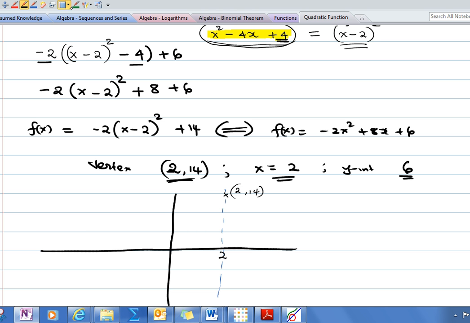Because a is negative, the value of a is negative 2, I know that my graph will have a maximum turning point, and the y-intercept is at y is equal to 6. So the sketch of my graph will be probably something like this. Not the best sketches, but will do for now. With the main features, that would be the sketch of the graph that we started with.